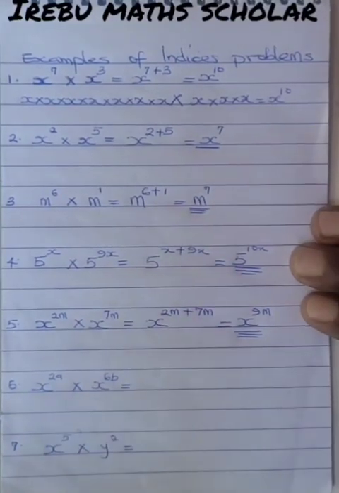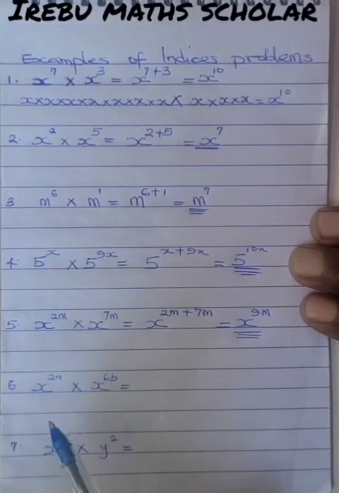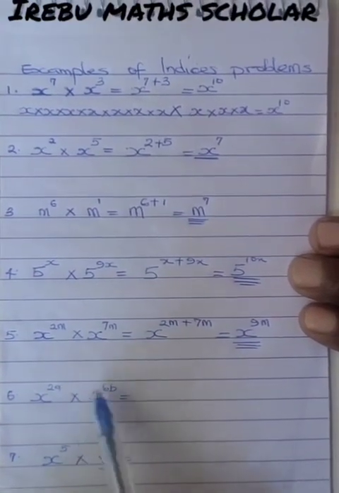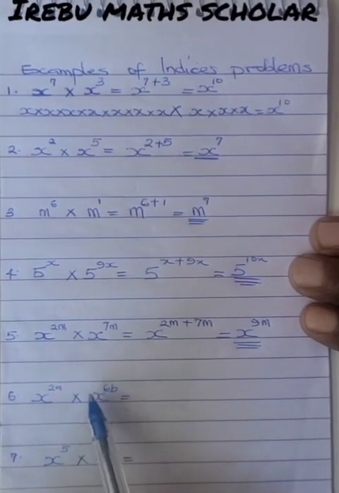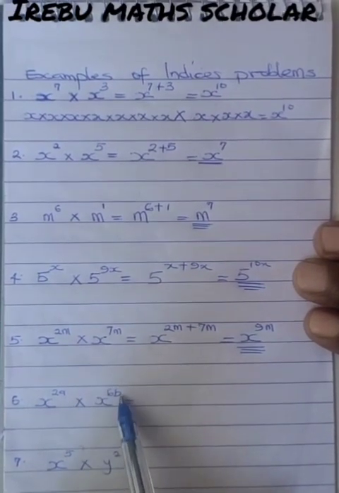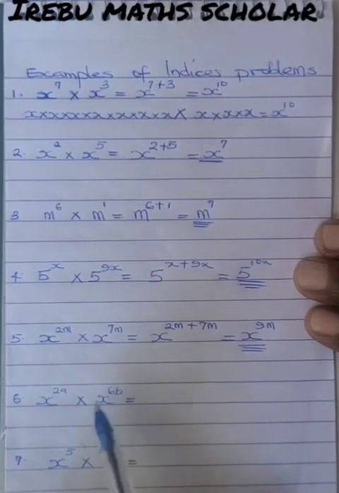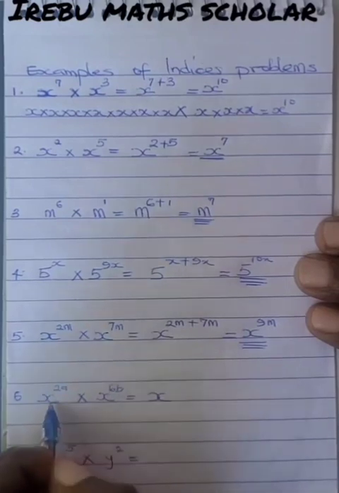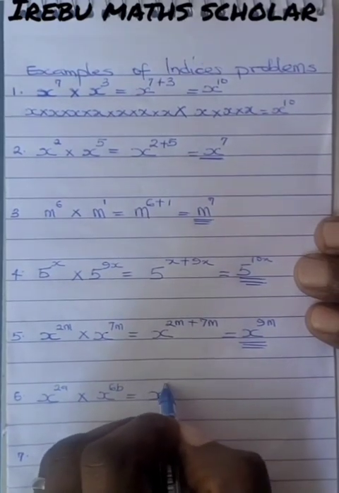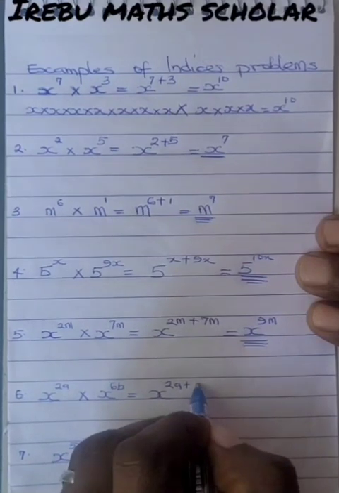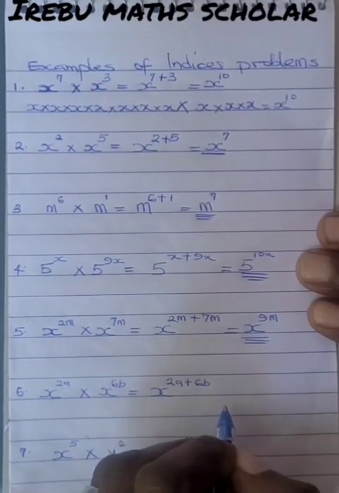So, question 6. If you observe, we have the same base, but their powers are not of the same alphabet. We have alphabet a here, we have alphabet b. You can still add up to have x, because they have the same base, to the power of 2a plus 6b.